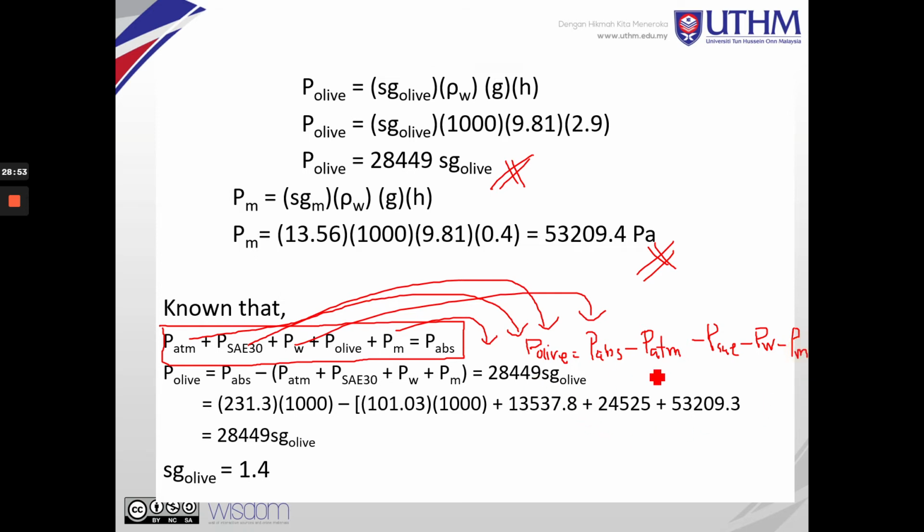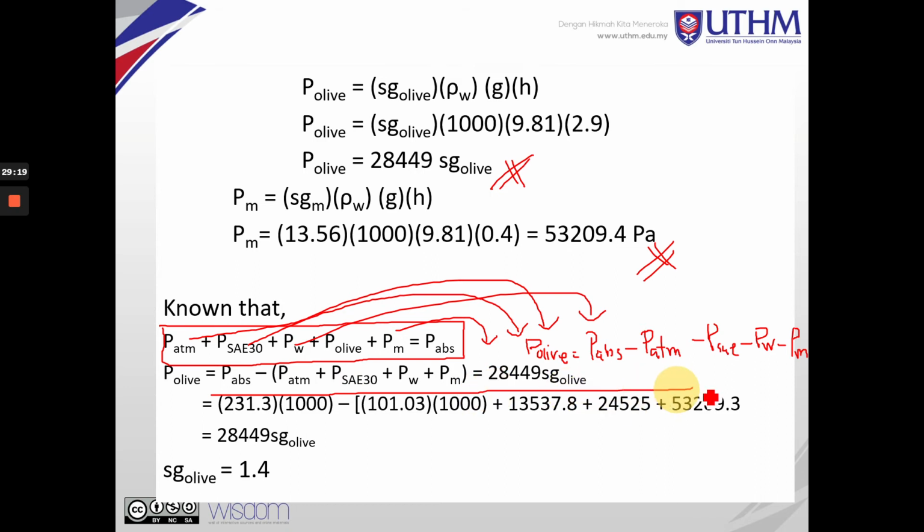So just put all the values here. P absolute is this one, P atmosphere is this one, PSAE is this one, PW is this one, and PM is this one. So we get the value of P olive.